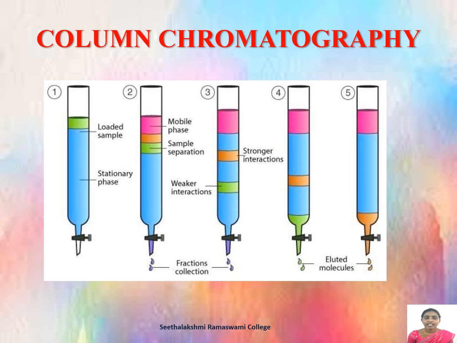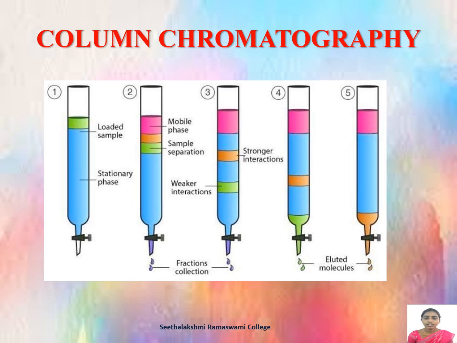Third, separation begins. Different compounds in the sample begin to separate as they interact differently with the stationary phase. Compounds with weaker interactions with the stationary phase move faster and begin to elute. Fourth, stronger interaction. Some compounds bind more strongly to the stationary phase and move more slowly.